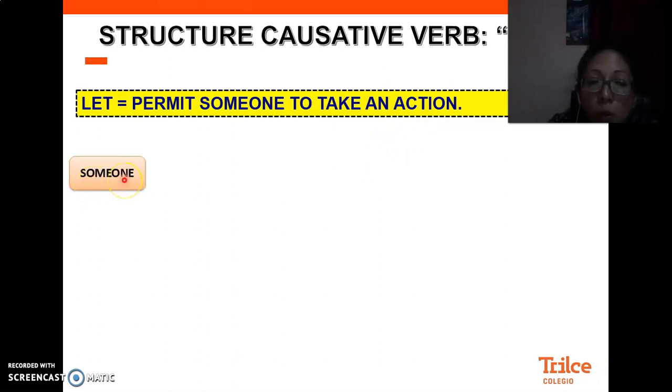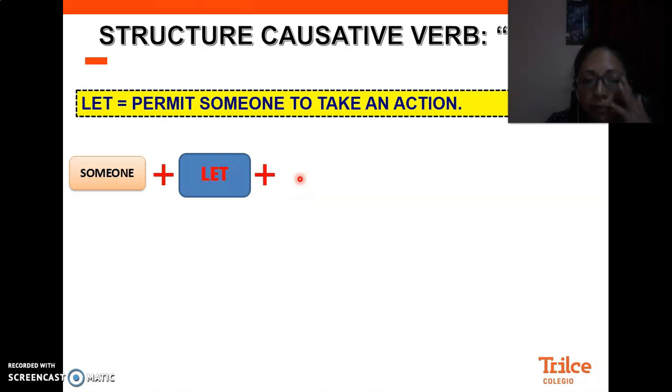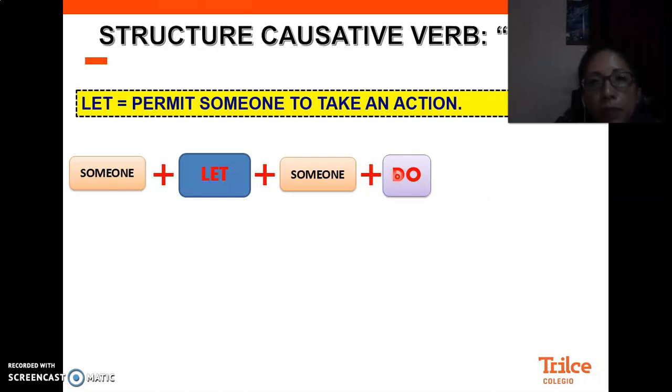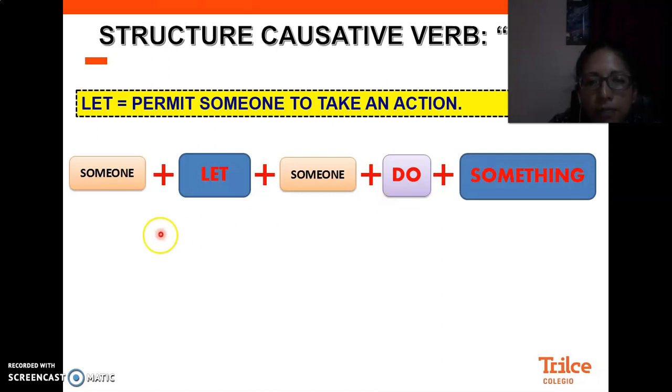The structure: someone, which is the subject; let, the causative verb let, which means to give permission; the object: me, us, you, her, him, María, Clara, Pedro, Pedro and Clara; the verb in base form; something.